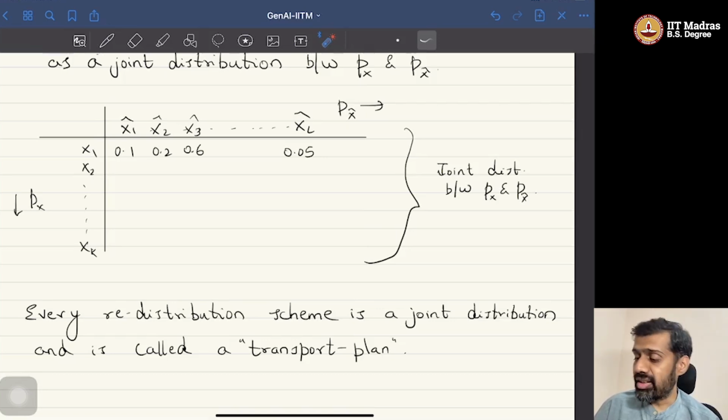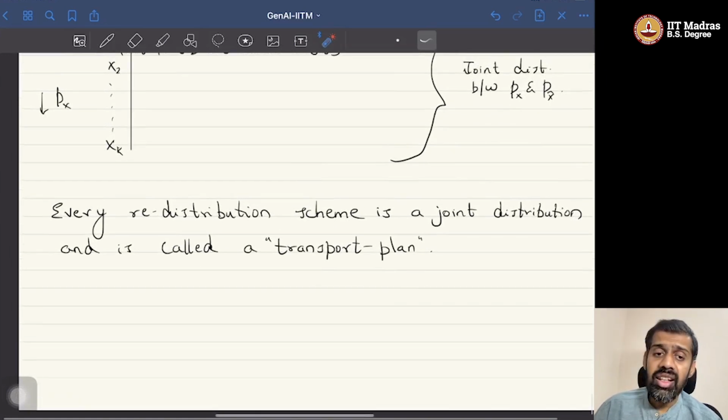I hope that this is clear. So given two random variables, every joint distribution between them can be seen as a transport plan that tells you how to convert one marginal distribution to the other marginal distribution.